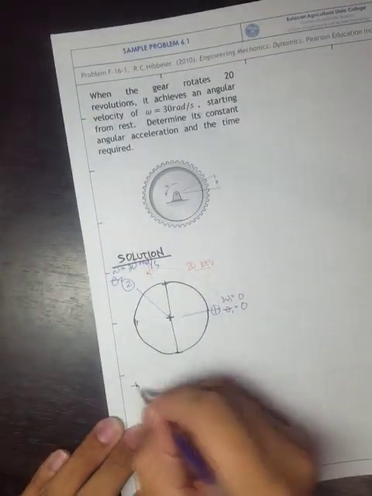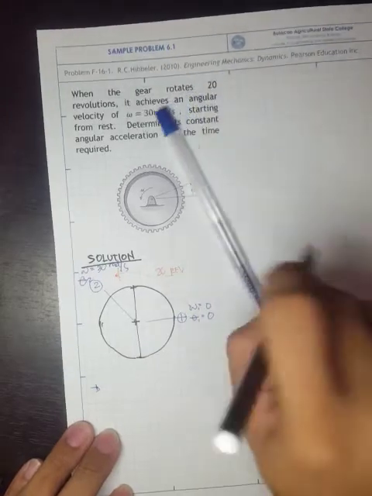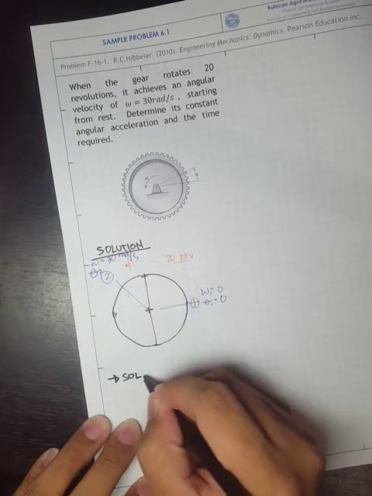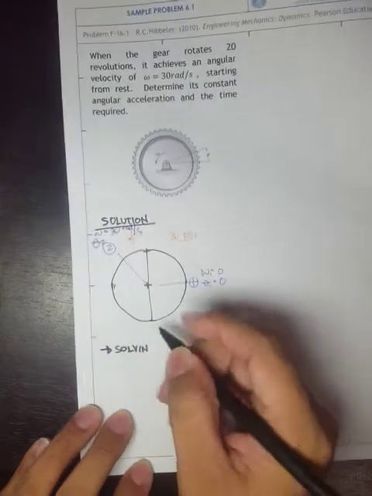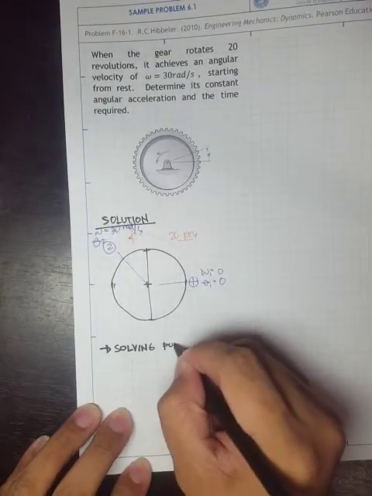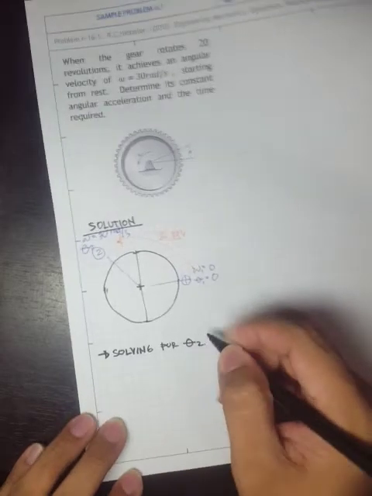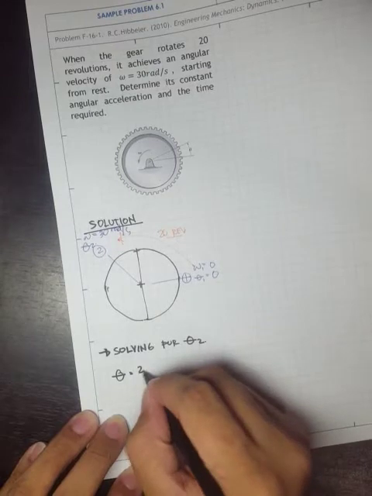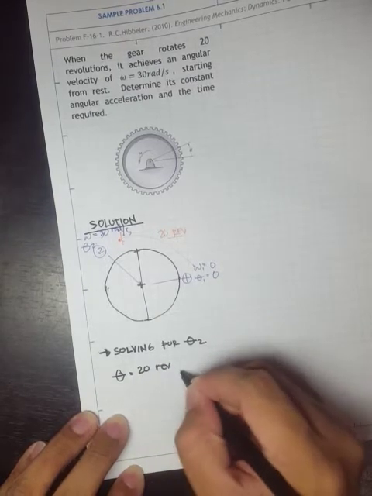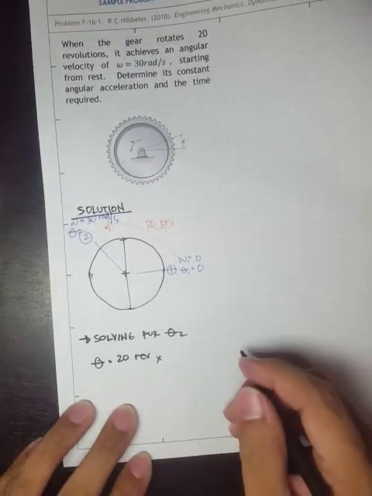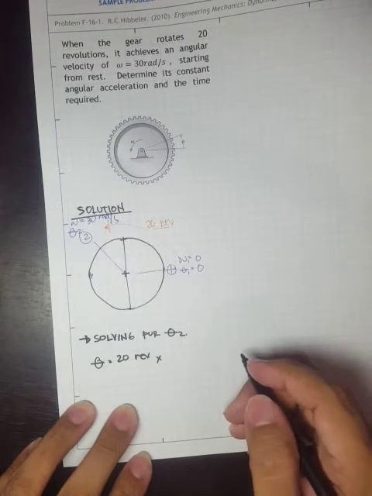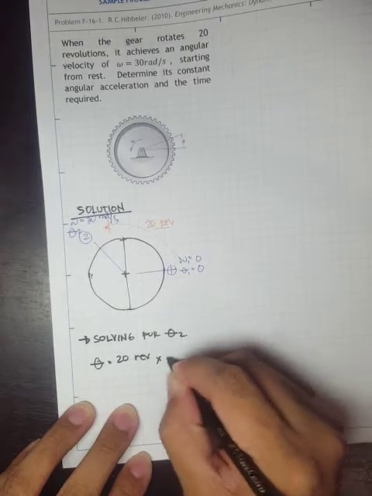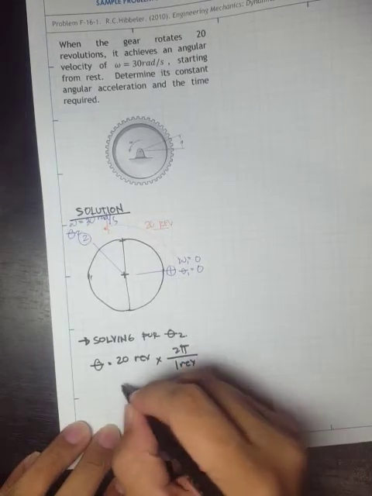Okay, so solving for theta sub 2. What's given is 20 revolutions, times the conversion between radians and revolutions, which is 1 revolution equals 2 pi radians.